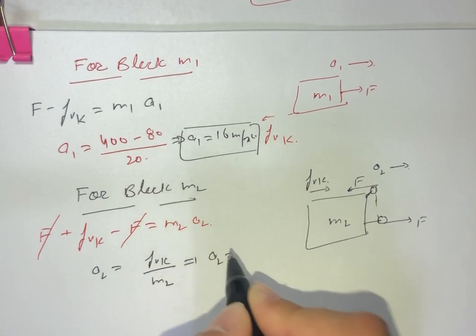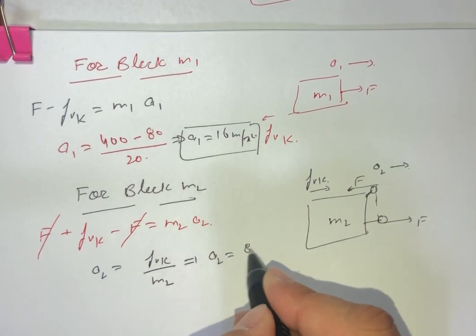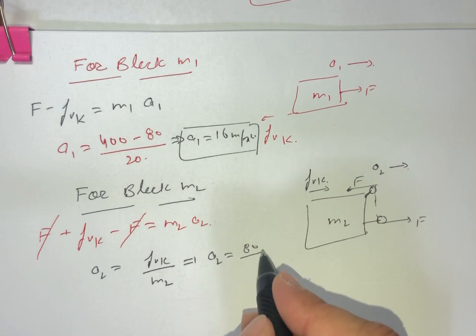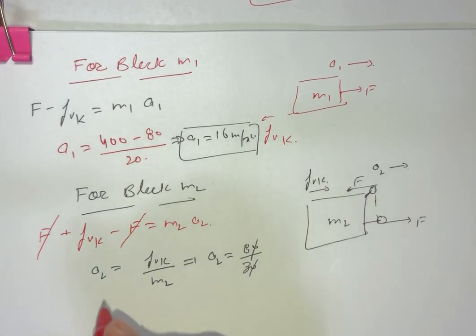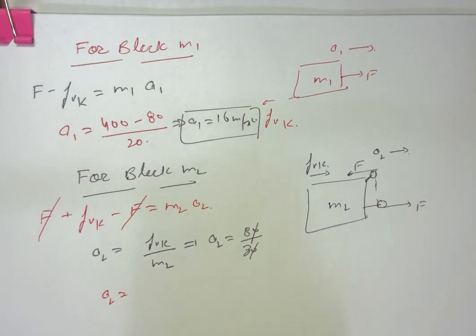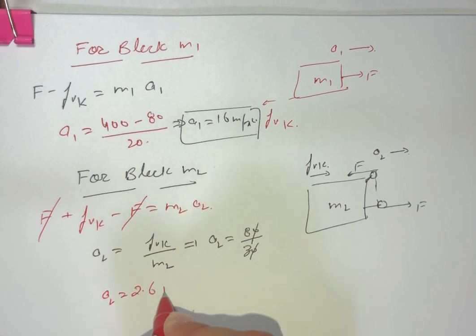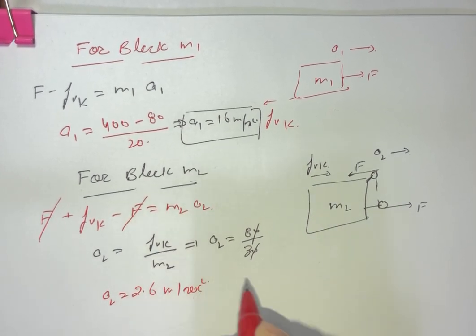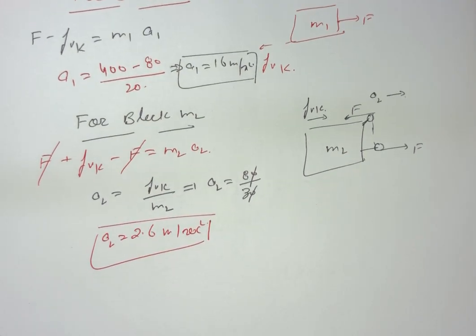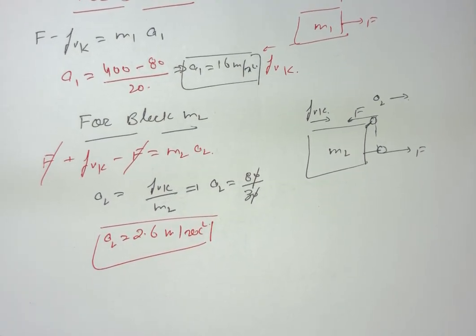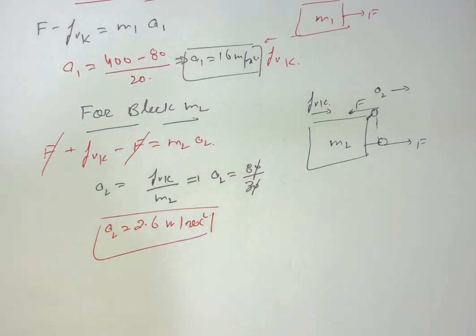Frk is 80 and m2 is 30. So we get a2 as 8 by 3, which comes as 2.6 meter per second square. Now we take figure B.